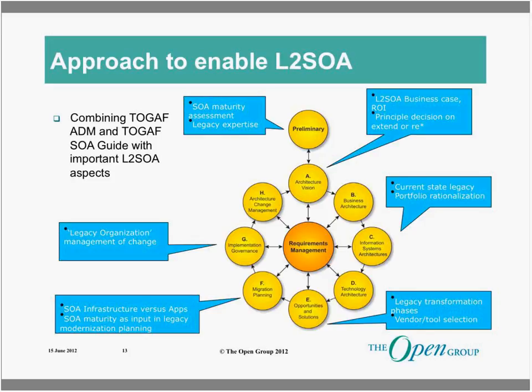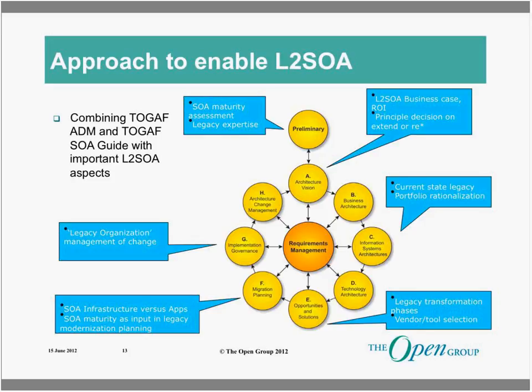You combine that with the TOGAF SOA guide, the practical guide, that really provides the foundational process for legacy to SOA transformation engagements. And what we actually did is we looked at these various phases and focused on specific aspects that are important in the SOA context within the TOGAF ADM.